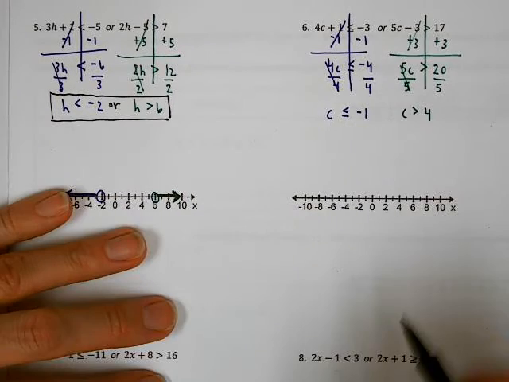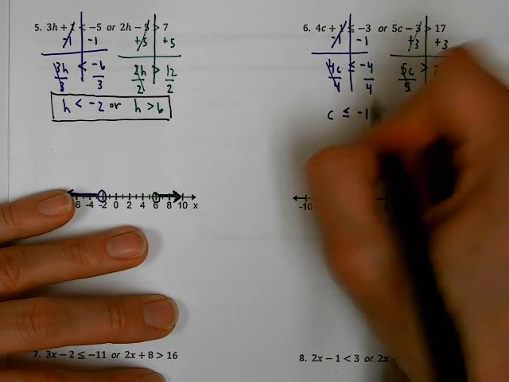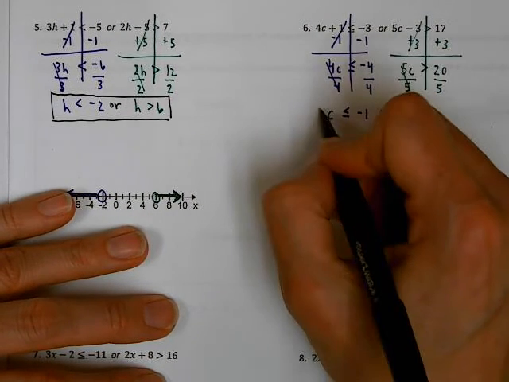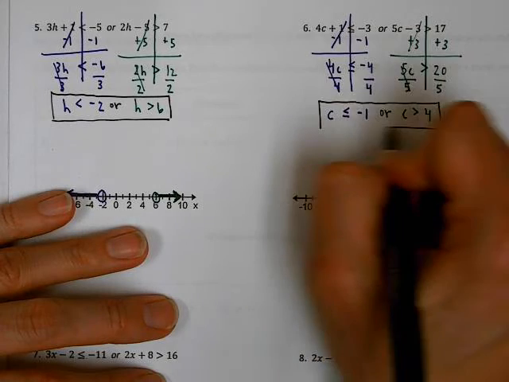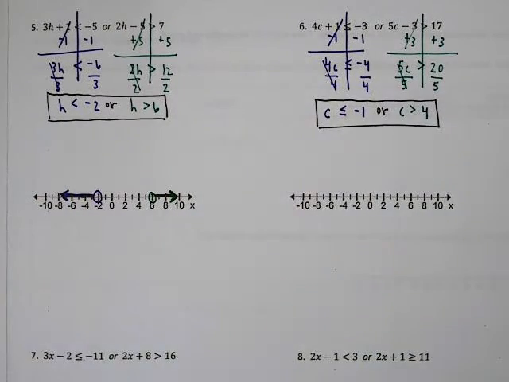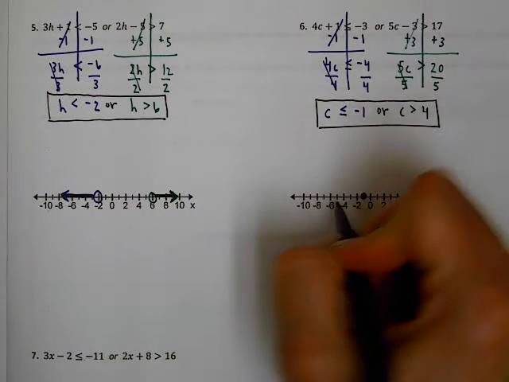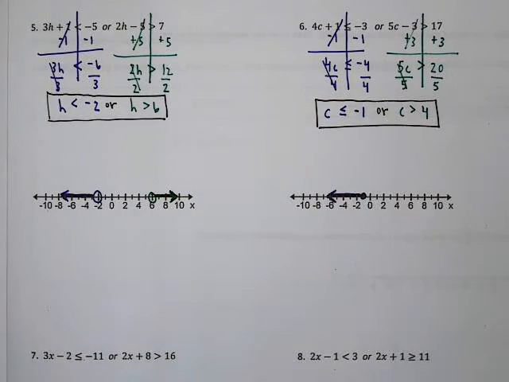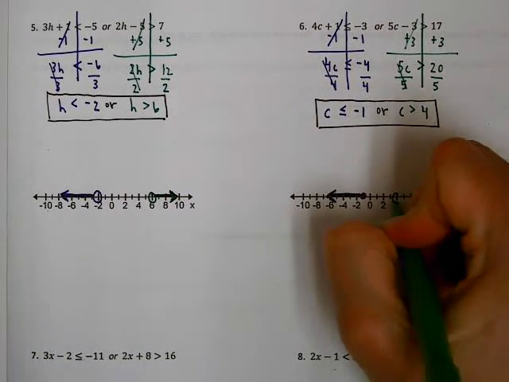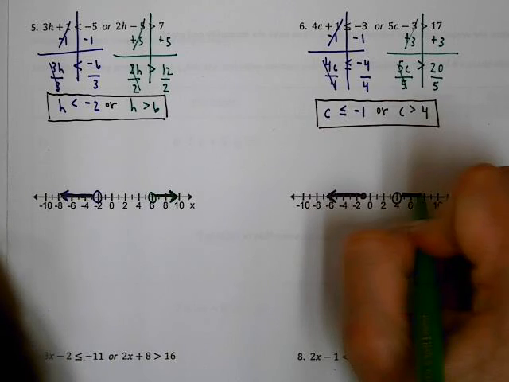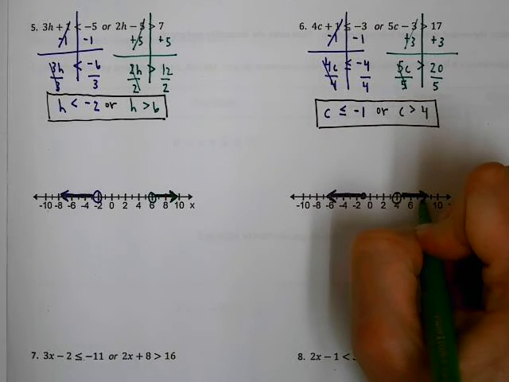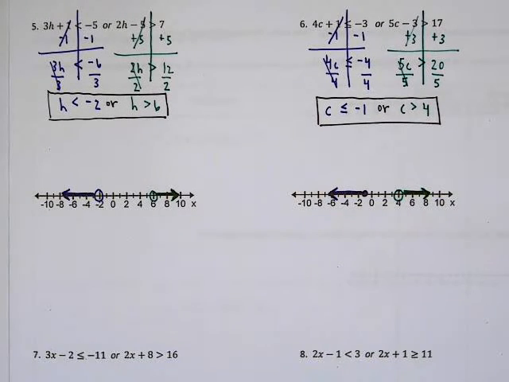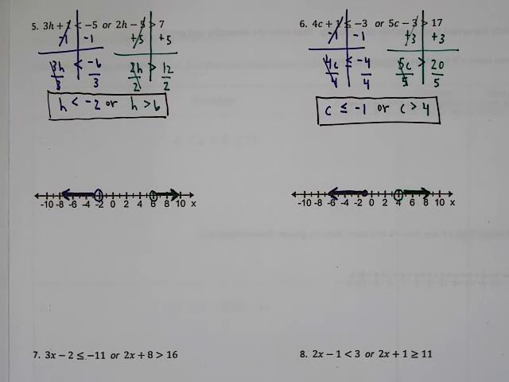So my solution is c is less than or equal to -1, or c is greater than 4, and then I can graph my two inequalities. So this one I shade to the left, and on this side I'm going to shade to the right. All right, so that is how we solve compound inequalities.